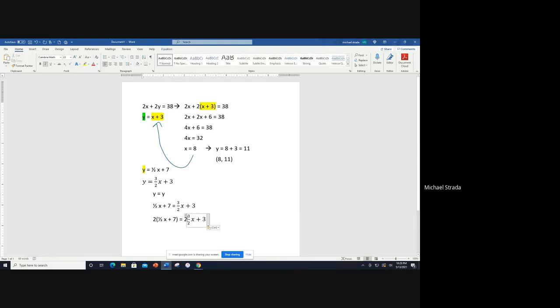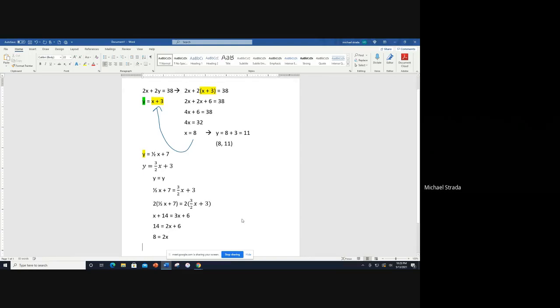That'll get rid of the halves if that's going to bother you. So 2 times 1/2 cancels out. But remember, you're distributing, so don't forget it's also 14 equals 3x plus 6. 14 equals 2x plus 6. Subtract the 6 from both sides. 8 equals 2x. 4 equals x.